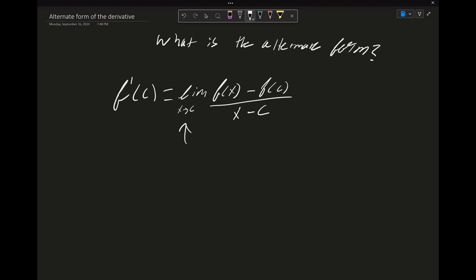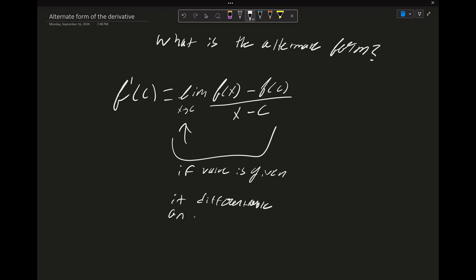So this shows that if this gives us a value, it is differentiable and continuous at that point, which is very helpful for numerous different ways.